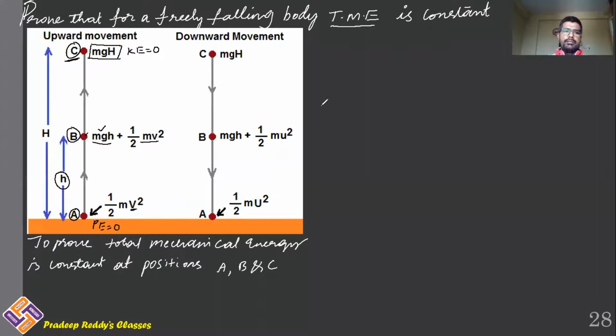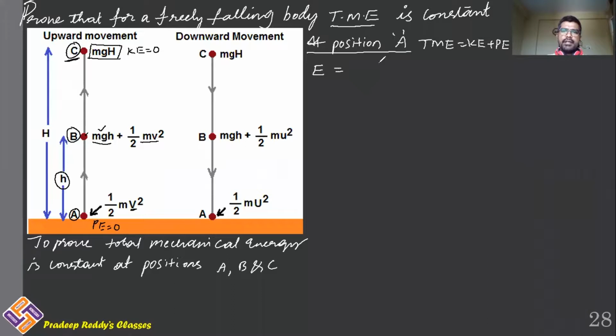Let us take position A. At position A, total mechanical energy is equal to kinetic energy plus potential energy. Total mechanical energy, I am denoting it with E, which is equal to, what is kinetic energy at position A?